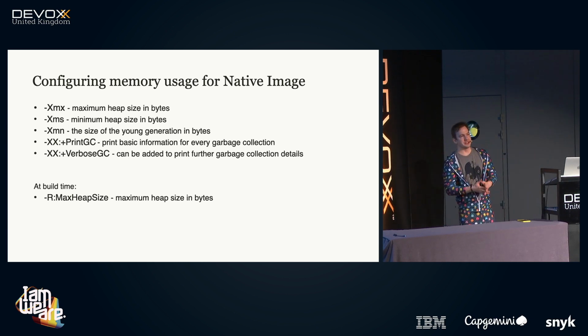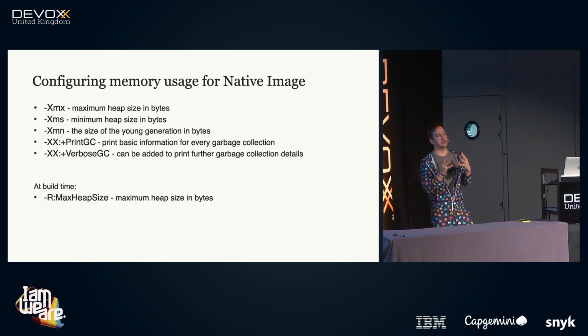GraalVM native image offers you, by default, a GC algorithm that is a generational scavenger, which is similar to what the default GC was pre-Java 9, I think. In Java 9, we got the G1 GC, but before that, it was a parallel GC. And that's how you might think about the garbage collection in native image.